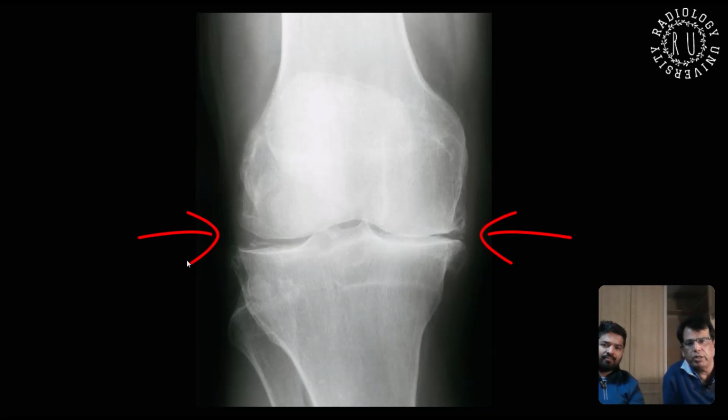Calcification within the menisci is noted, which is in keeping with chondrocalcinosis. Bilaterally, both medial and lateral, there are marginal osteophytes on the medial and lateral condyles and even the plateau on the medial side. So there is a moderately degenerated knee joint with spiking of the tibial spine.